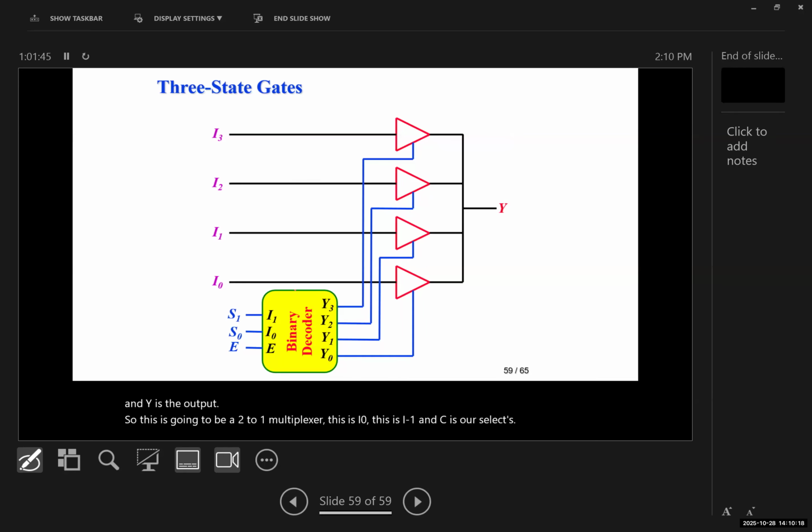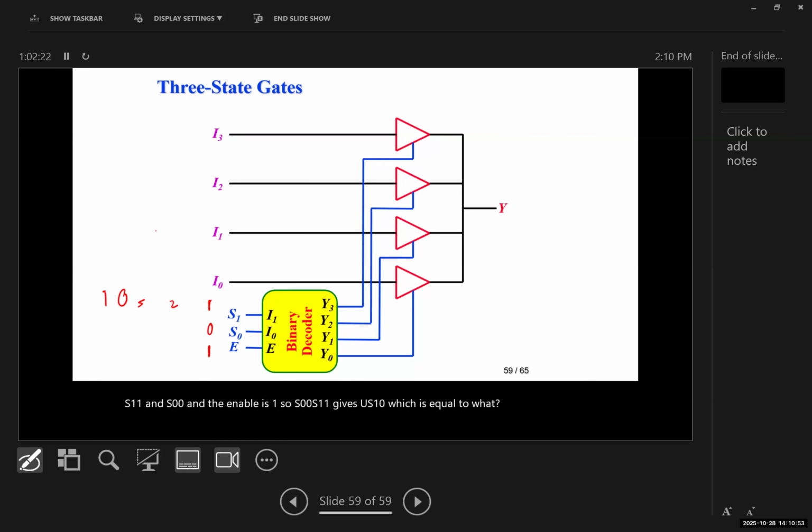Now, we can use the same thing to create a 4-to-1 multiplexer. Here we use three-state buffers, and we connect them to a 2-to-4 decoder. Now, let's solve this for S1 S0 equal to 1 0, and the enable is 1. So S1 S0 gives us 10, which is equal to what?